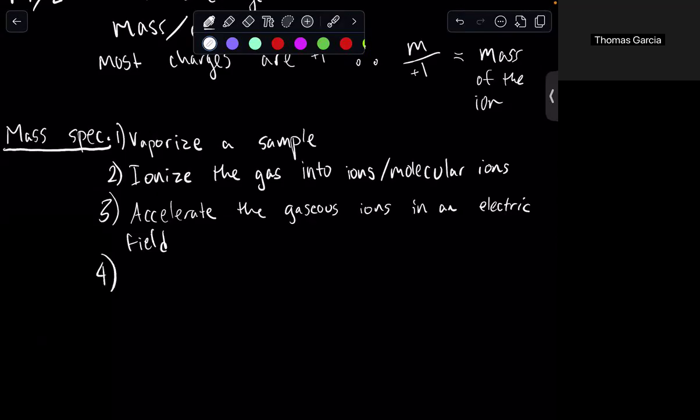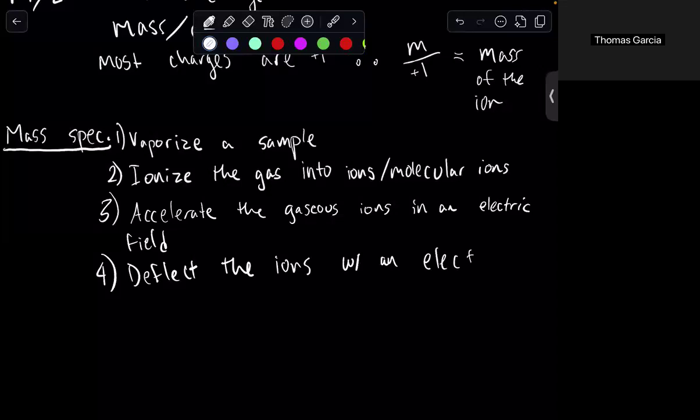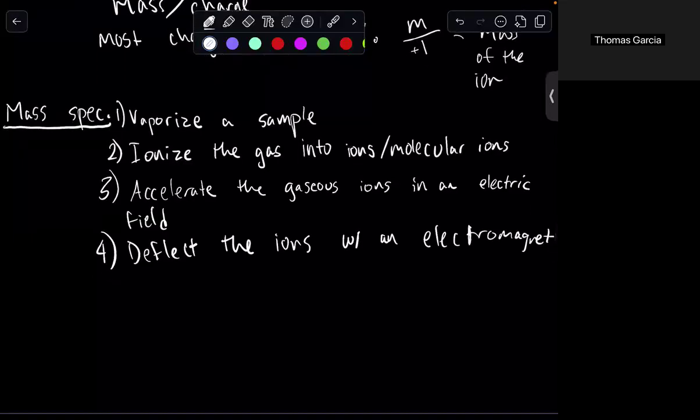Then step four, we are going to deflect the ions with an electromagnet. So we're going to use a magnetic field caused by an electromagnet to deflect that flow of ions. Lastly, step five, we will detect the deflection.